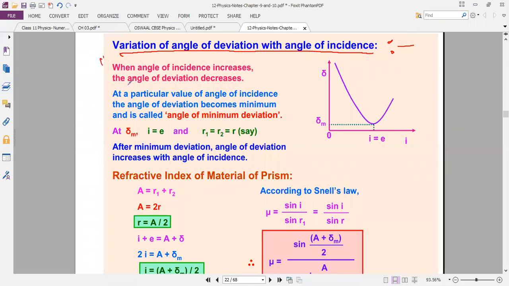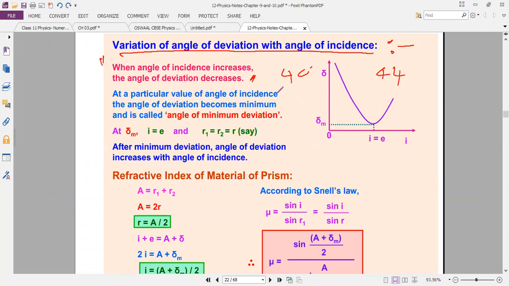The main concept: as the angle of incidence increases, the angle of deviation also increases. If the angle of incidence is 40 degrees, I will get around 44 degrees. Next, at 45 it will definitely increase to 47, 48 or 49. As the angle of incidence increases, the angle of deviation also increases.